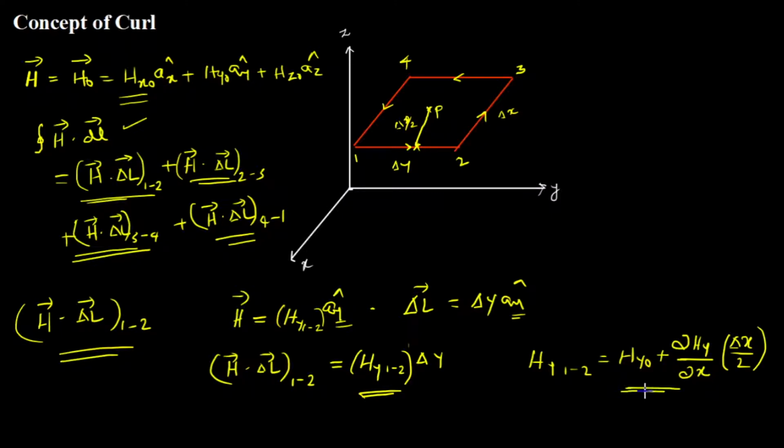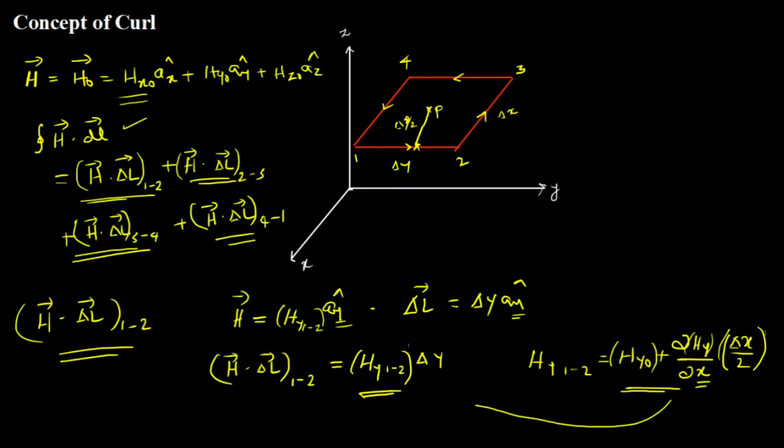I hope this is very clear. So the magnetic field intensity on the path 1 to 2 can be expressed as the initial value at point P plus the rate of change of Hy along x direction for a distance of delta x by 2.